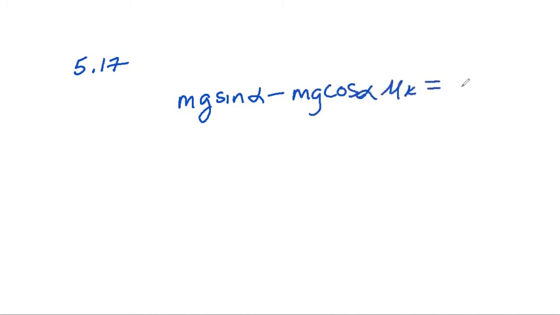So let's see, mg sine alpha, that's my acceleration, minus friction, which would be mg cos alpha mu K, equals ma.